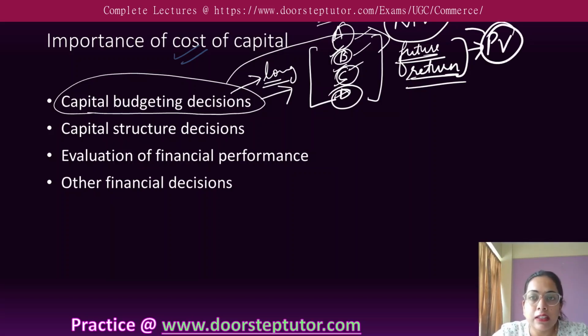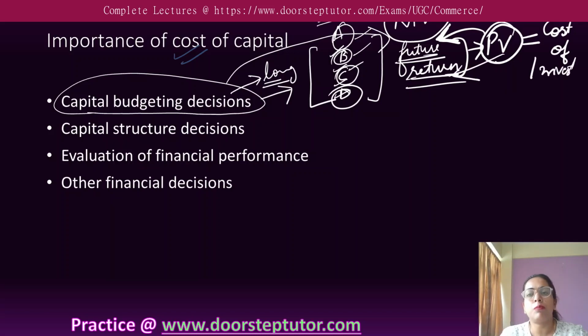We compare the present value of future returns with the cost of investment. If the present value of future returns is more than the cost of investment, only then we will accept the proposal, otherwise we will reject it.